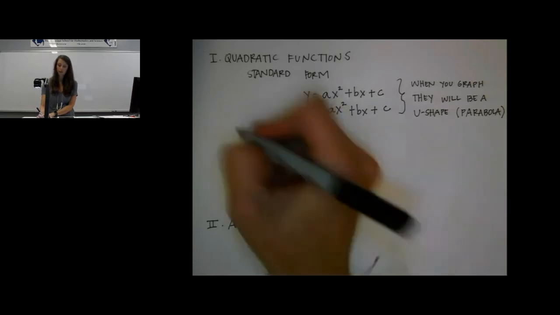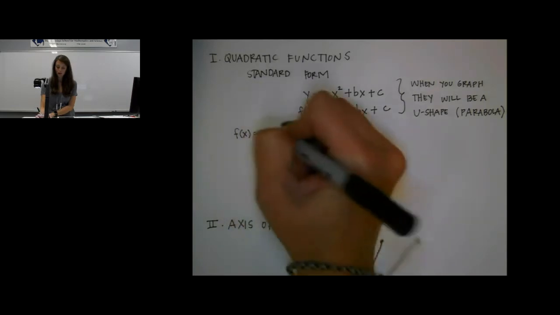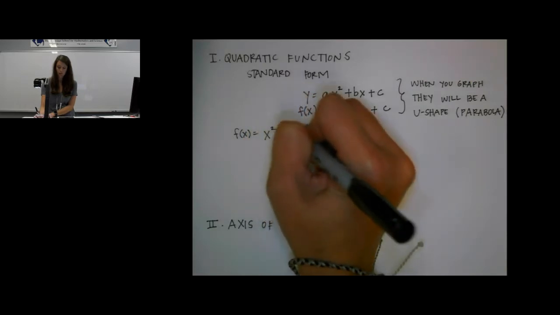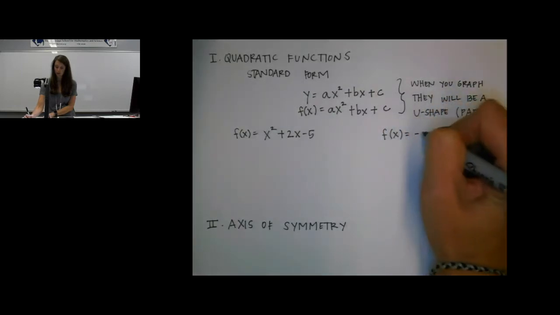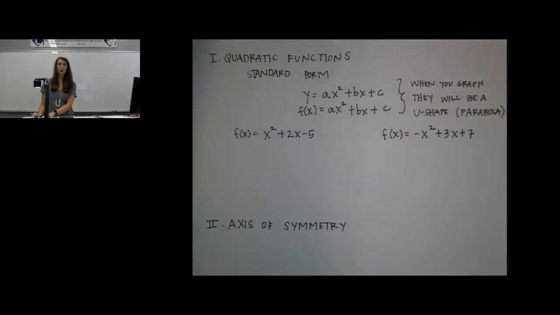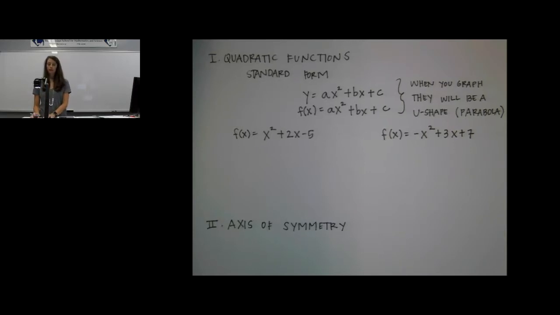So let's take some examples. And I hope maybe you have a graphing calculator today. If you do, let's get that out, and I want you to see something real quick. Here I've got two quadratic functions.